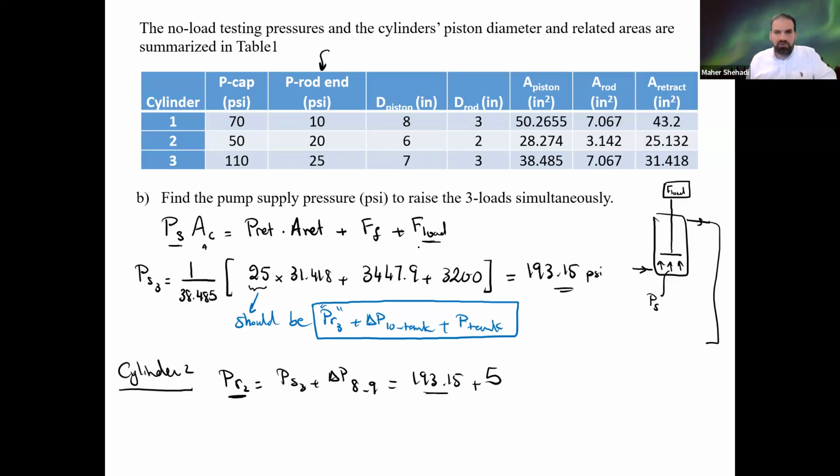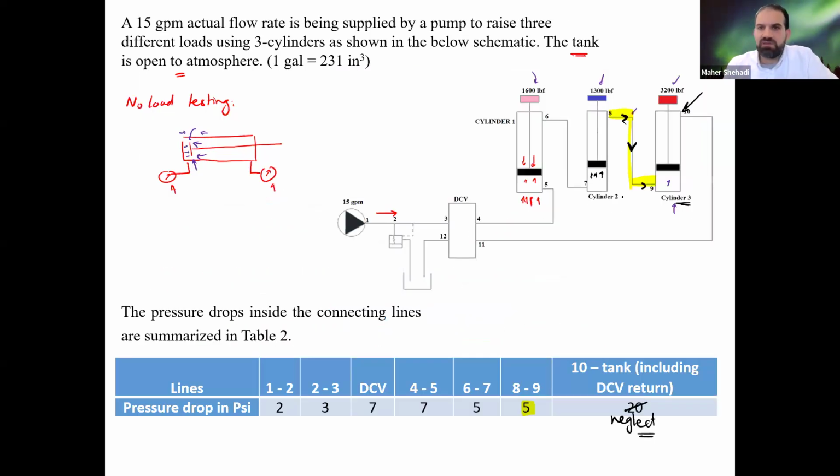Okay, and don't forget the retract pressure from the no load testing, plus 20. Usually, if we don't have the pressure drop, I would just say 193 plus 20. So it's the supply plus the retract pressure from the no load testing, and that's the resistance of the oil in the back if we don't have anything connected to that cylinder from the back.